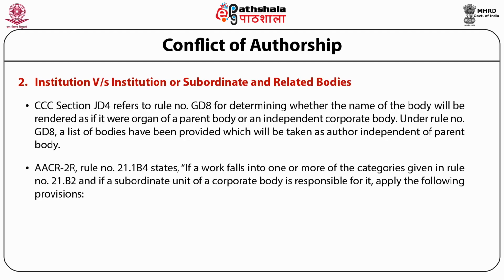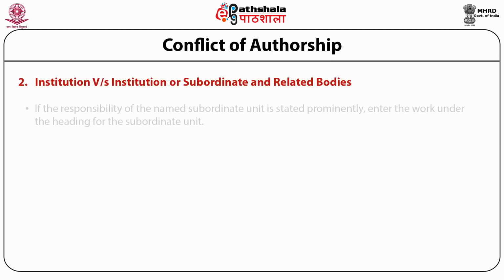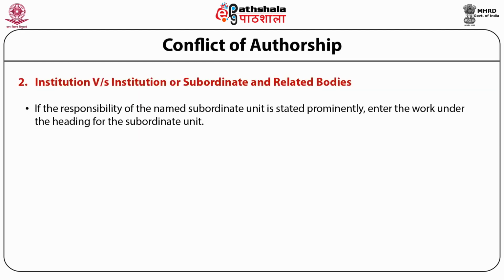21.1B4 states: if a work falls into one or more of the categories given in rule number 21.1B2 and if a subordinate unit of a corporate body is responsible for it, apply the following provisions. If the responsibility of the named subordinate unit is stated prominently, enter the work under the heading for the subordinate unit.